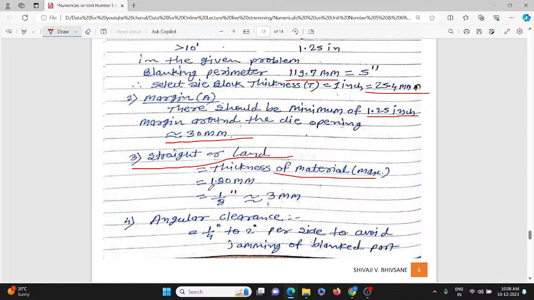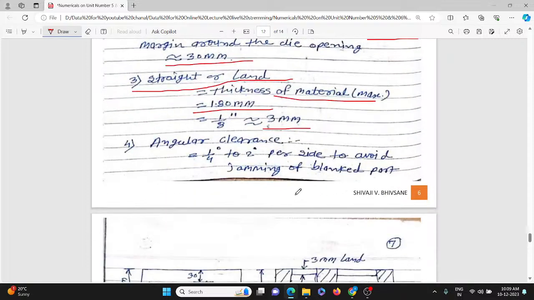The thickness of the material is given as 1.80 mm, so we can consider it approximately equal to 3 mm. Again we can calculate the angular clearance to avoid jamming of the blank part.